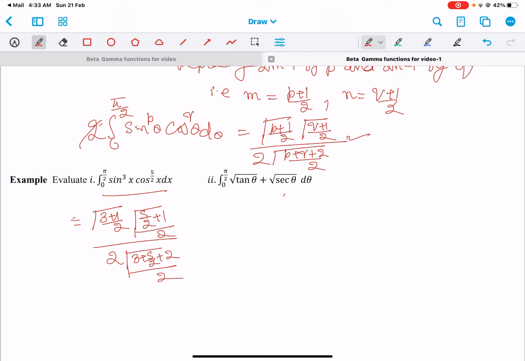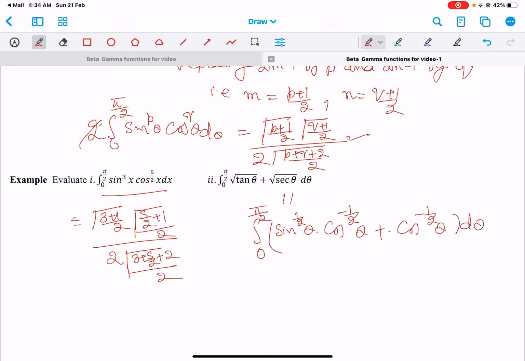Similarly, this integral may be rewritten as integral 0 to pi by 2 sine 1 by 2 theta into cos minus half theta plus cos minus half theta d theta.